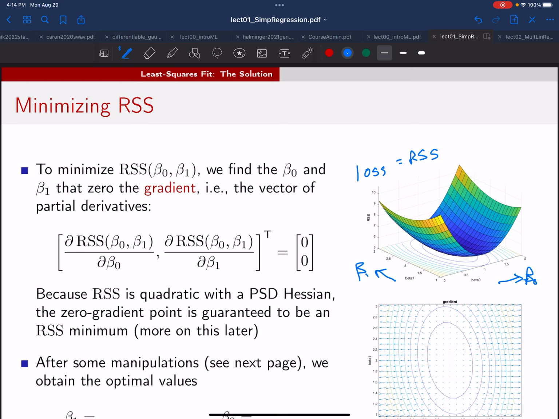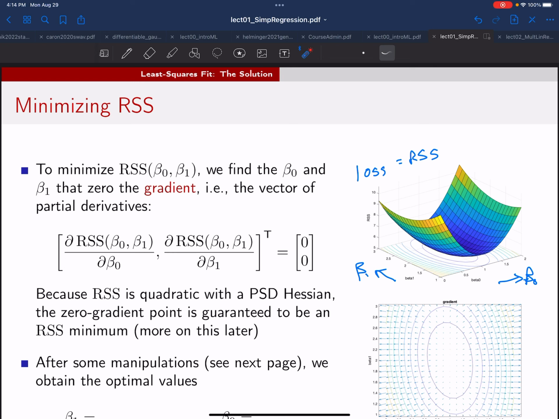We want to find the betas that are right at the bottom of that. So there's some values which are at the bottom. And one of the special things about the bottom of any curved shape like that is that when you're right at the bottom and you look at the slope in any direction, it's 0.